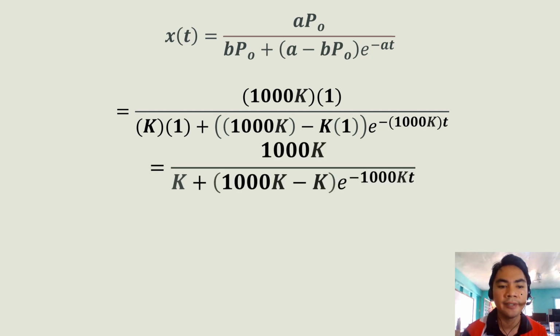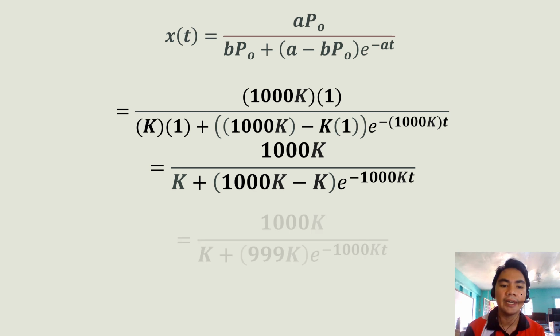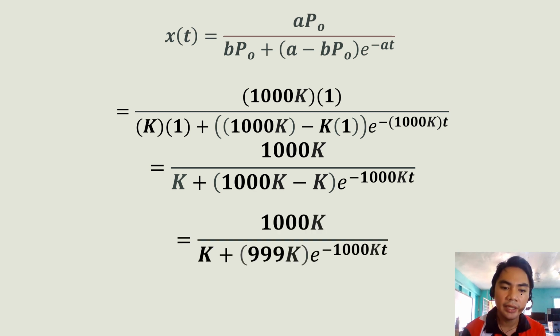So let's simplify. We have 1000K all over K plus quantity of 1000K minus K times e raised to negative 1000K times t. So let's simplify the denominator. We have 1000K all over K plus 999K times e raised to negative 1000K times t.